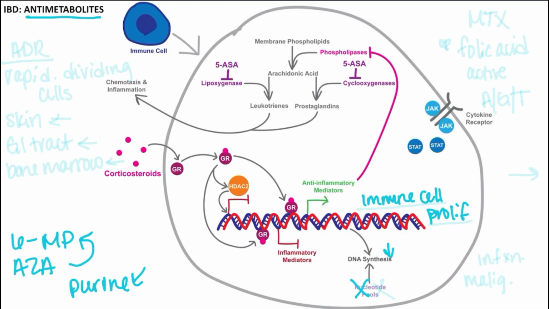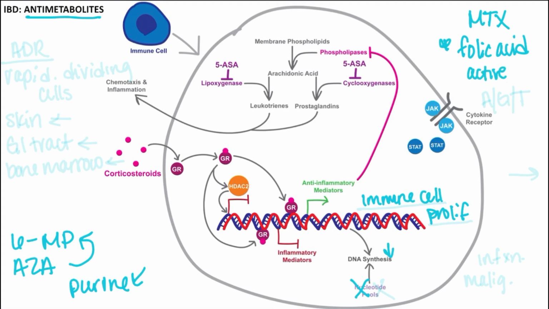So methotrexate, which is sometimes abbreviated MTX, is also an antimetabolite, but instead mimics the structure of folic acid. And methotrexate competitively inhibits tetrahydrofolate reductase, which is the enzyme that is responsible for converting folic acid to its active form.